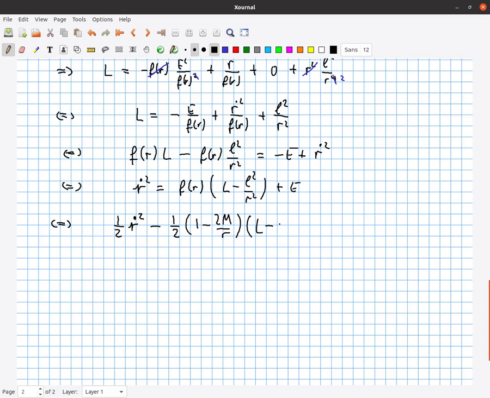Here is L minus L squared over R squared, and all this is E. Remember, E is a constant.